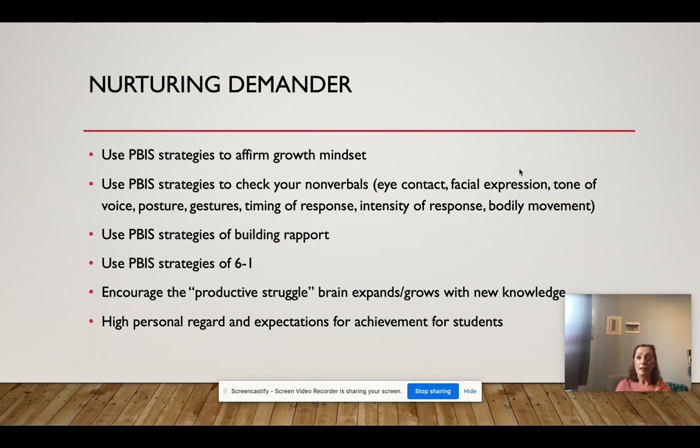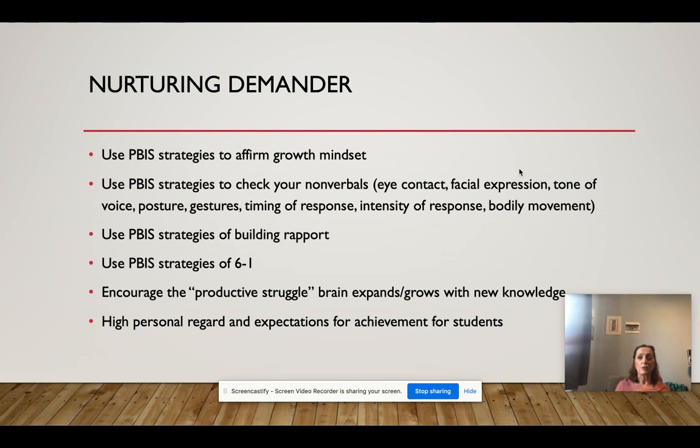You want to check your eye contact, facial expression, tone of voice, posture, your gestures, your timing of your response. Giving your students time to answer, right? Is that part of your response too? Timing of your response, being in sync with them. And your intensity of your response, and also your bodily movement, being aware of being too far away or even too close to kids.